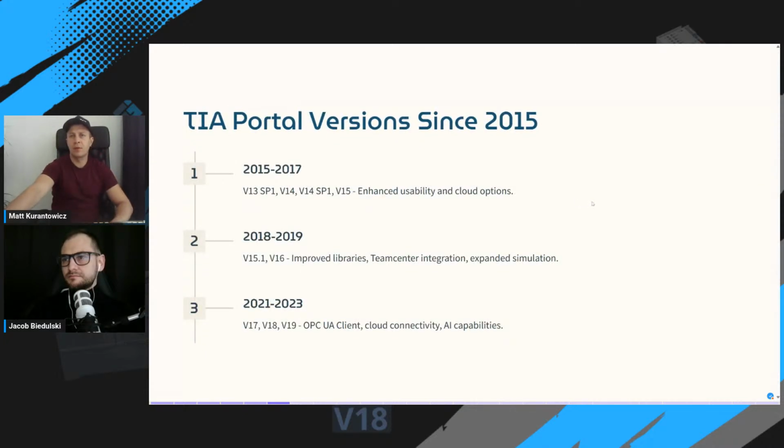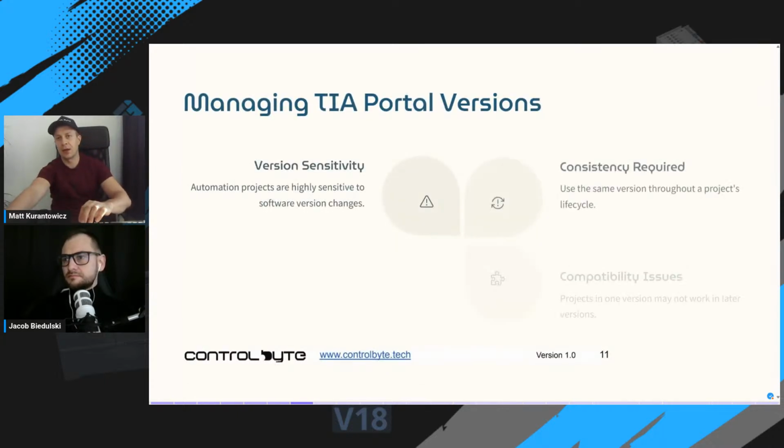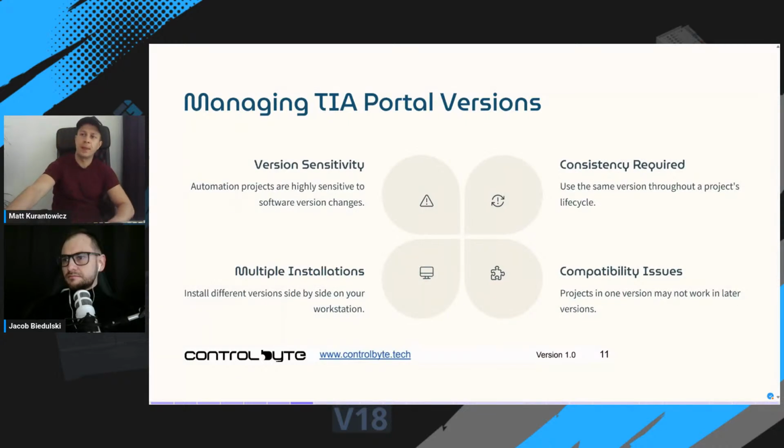You need to know something about versioning of this software. We have different versions of TIA Portal. Right now we have V19 and also V20. Each version is improved and you can use it for free to learn programming.